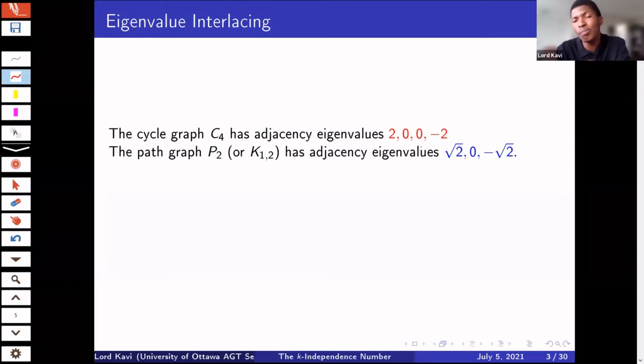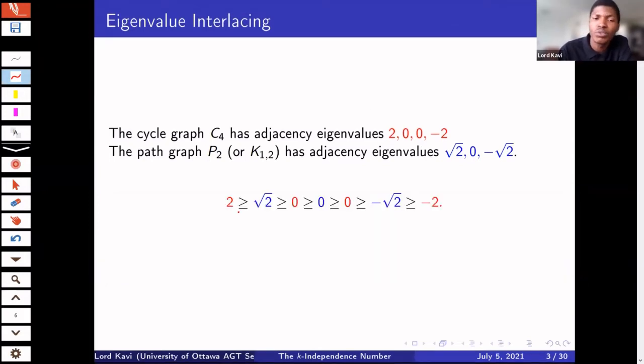So we can see a pattern where the eigenvalues of the adjacency matrix for C4 can be written in relation to that of P2 like this: 2 greater than root 2 greater than 0, 0. Basically, these values interlace these other values. So that's the whole concept of interlacing.